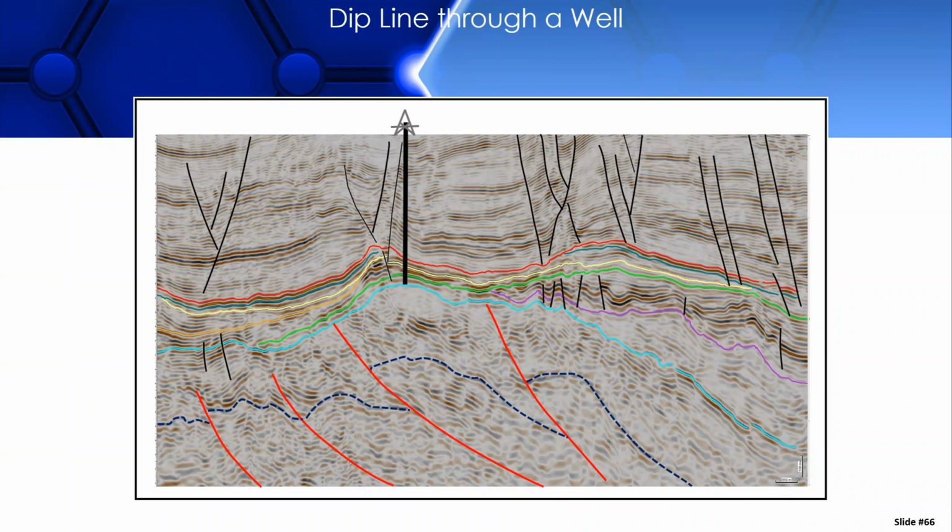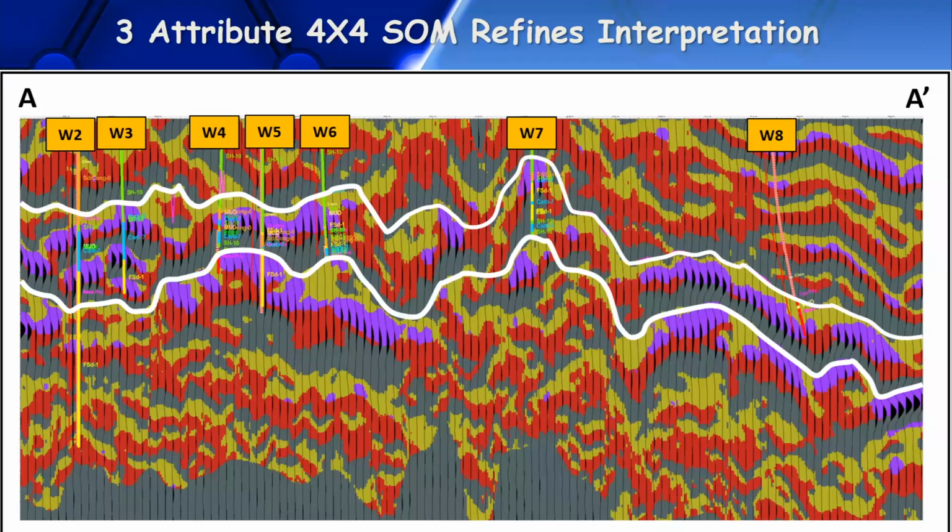So they took the approach of trying neural network SOM classification to improve their understanding of the distribution of the reservoir facies and de-risk their future drilling. So the initial interpretation was done manually on a coarse grid throughout the 3D survey, and this was gridded to produce smooth horizons.